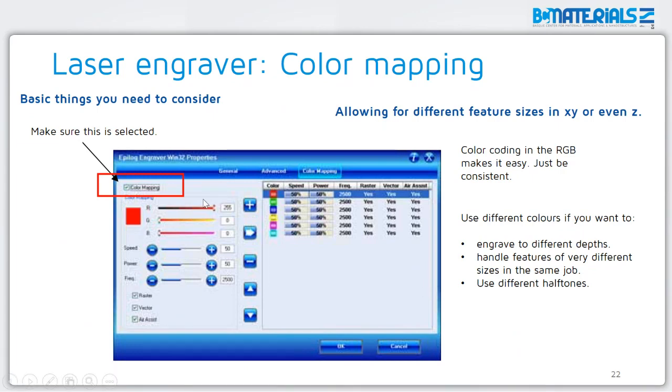So this color mapping allows you to change the conditions of the laser in terms of power, speed, and frequency, so that the finish is the best possible, regardless of the size of your features. Also, if what you want to do is rastering, then by changing the power and the speed, you will achieve bigger or shallower depths of engraving.